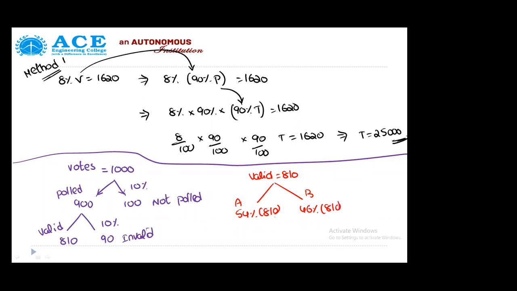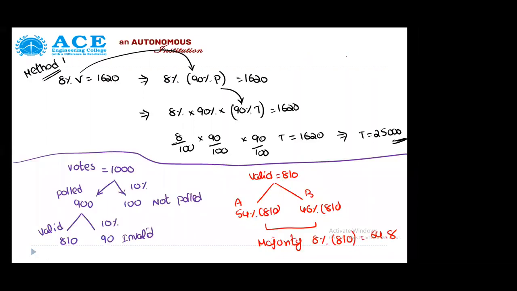As per this equation, majority is nothing but 8% of 810. If you calculate, I hope you got 64.8. We got 64.8 as majority, but in the question they have given 1620.